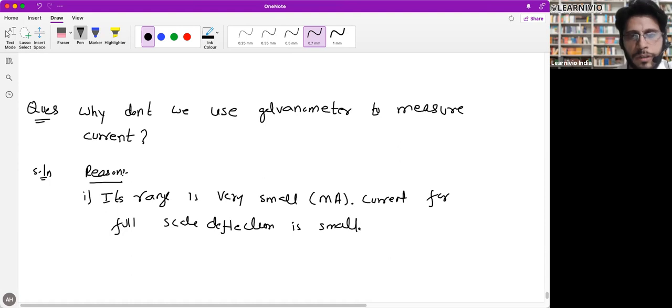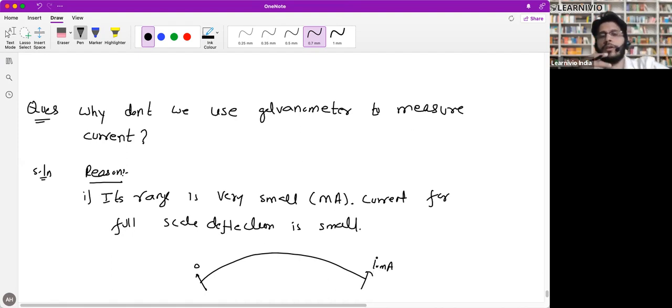This is the scale. Your pointer can maximum move from here to here. In a galvanometer, to rotate your pointer from here to here, you need some 10 milliampere of current. Once you have passed 10 milliampere of current, the pointer rotates from the initial position to the final position. You can't measure more than 10 milliampere using a galvanometer.